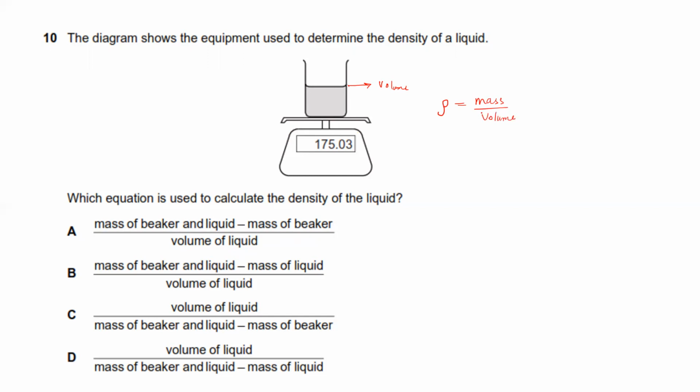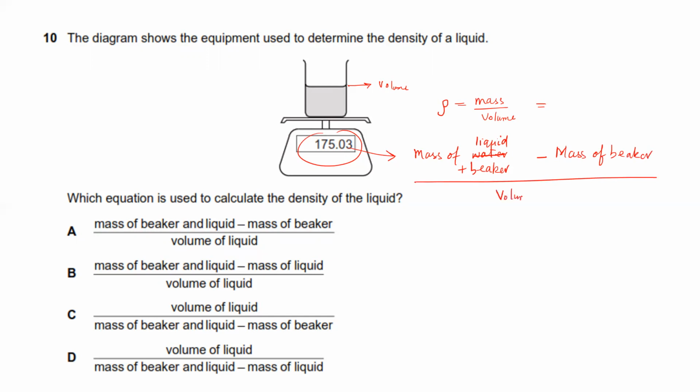Okay, so in this case, what we need to know first of all is the mass. What we are given is the mass of liquid plus beaker, and for the mass of liquid we have to subtract the mass of beaker, and we have to divide it by the volume of liquid.